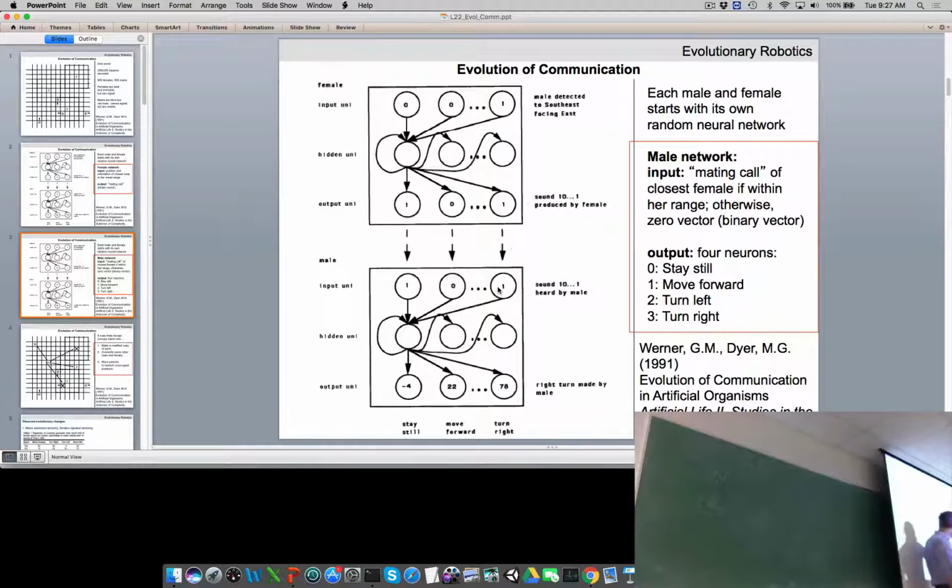Whichever of the 4 integers is largest, that's the action that the male performs. So in this cartoon, this particular male hears 1, 0, 1. These values arrive at its output layer, and it turns right in response to the heard female song. So far, so good? Okay.